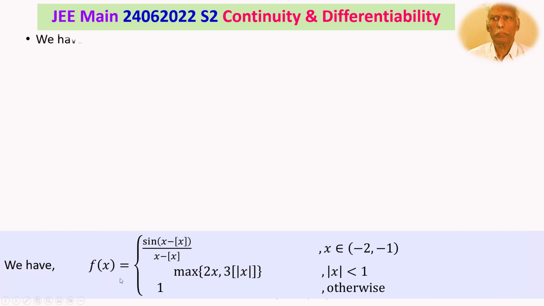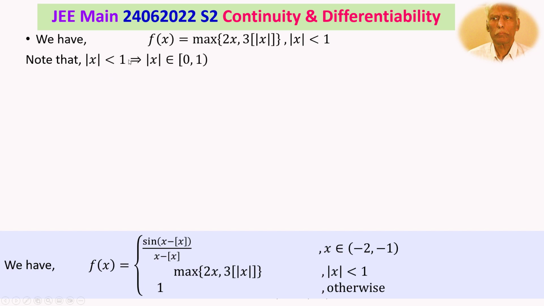Now let's get into the second branch. The second branch is the maximum of 2x comma 3 times the bracket of mod x, and this is when mod x is less than 1. Now when mod x is less than 1, mod x belongs to the semi-closed interval [0, 1), closed at 0.